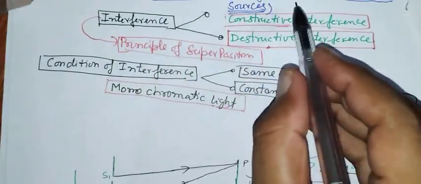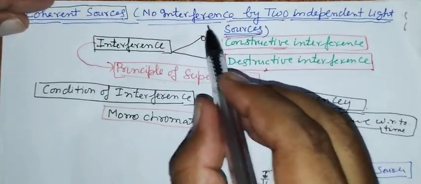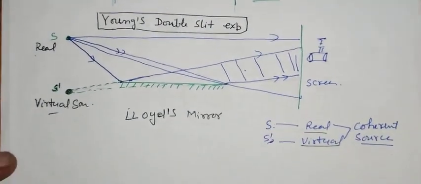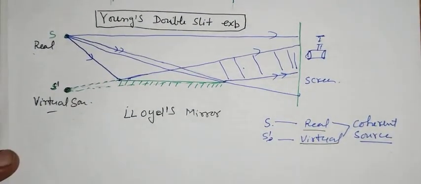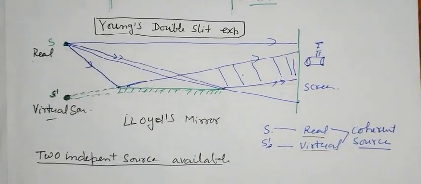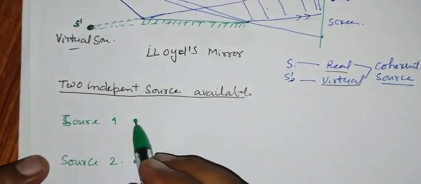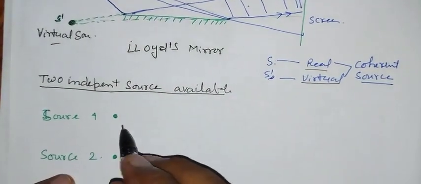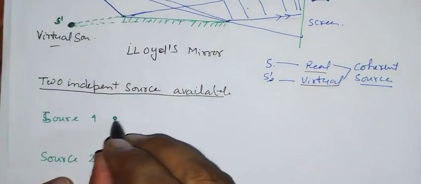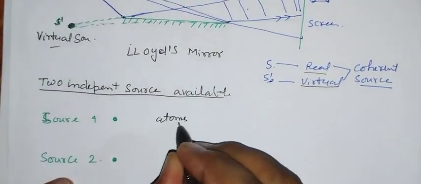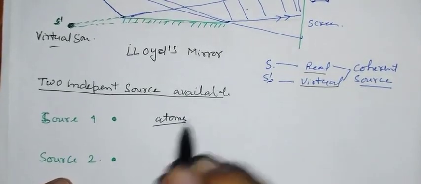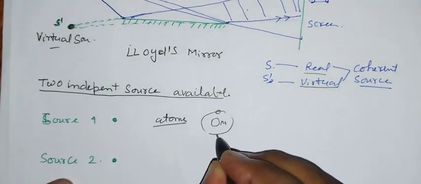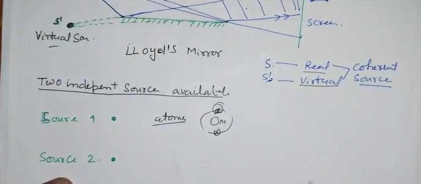But come here to the topic: no interference by two independent sources. Suppose we have two independent sources, source 1 and source 2. Discuss source number 1. The source is made up of atoms, and in an atom there is a nucleus with electrons revolving around it.